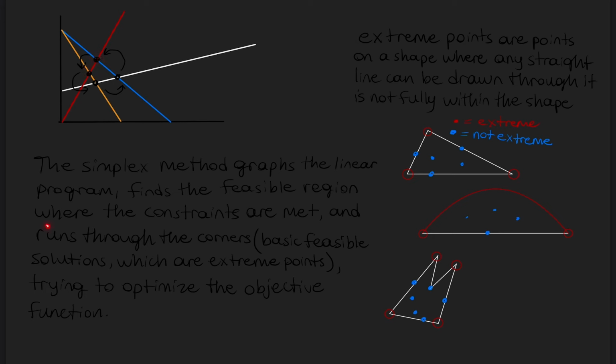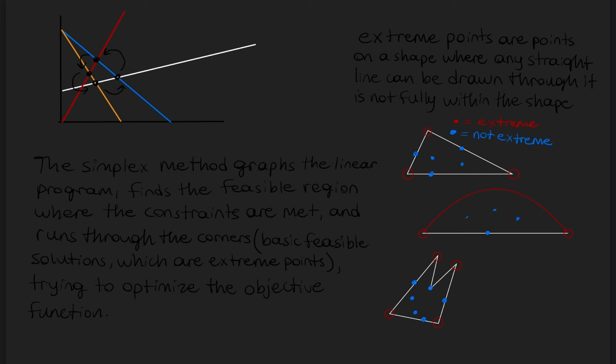So the simplex method runs through all of these corners. In this example, there are only four, but usually there are many more and in other dimensions too. So it runs through these corners and it tries to optimize the objective function by finding the best feasible solution that maximizes or minimizes the objective function based on what you want.